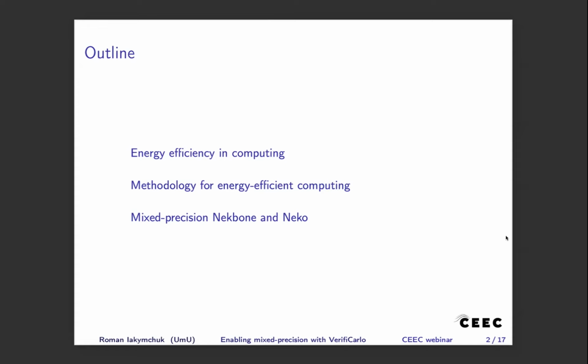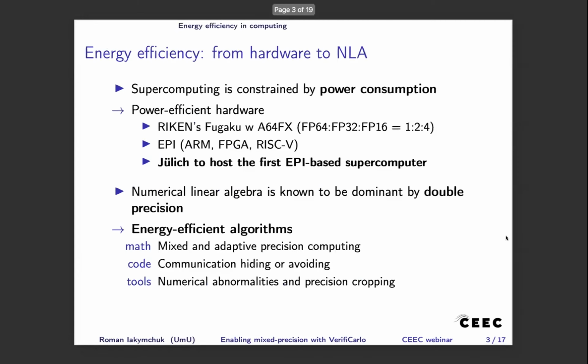The other angle would be to make more efficient solvers, certainly, like to use different parallelization techniques and strategies. But here, our particular focus would be on mixing different precision and still assuring output accuracy. I will present briefly the methodology of this approach, and then I will show how to apply this methodology to Nekbone's mini app and the real world code Neko.